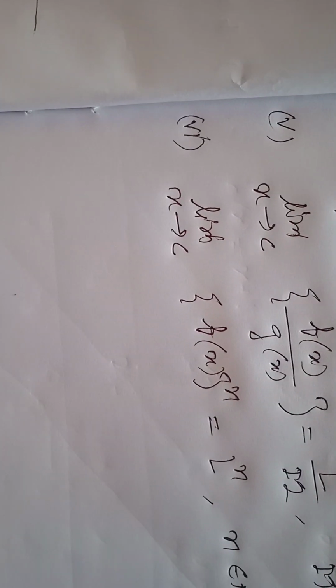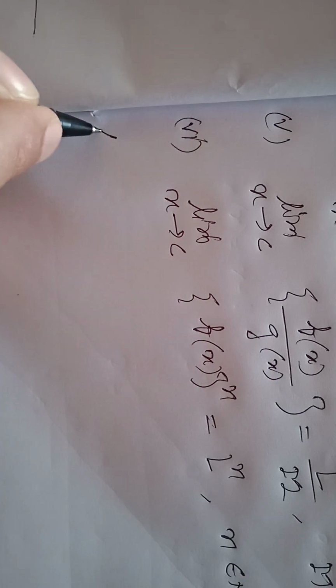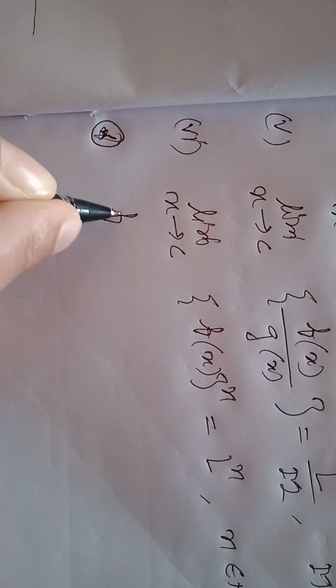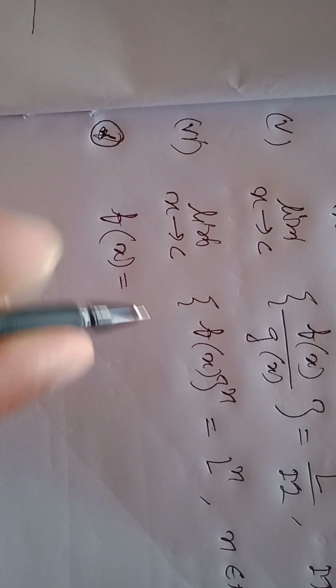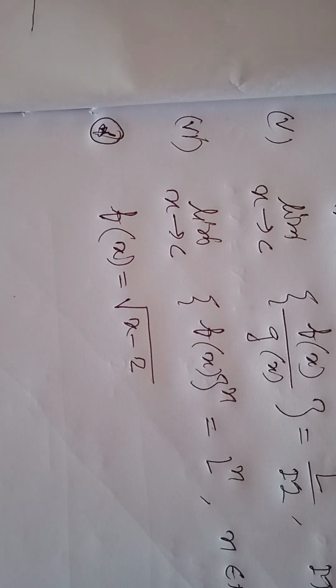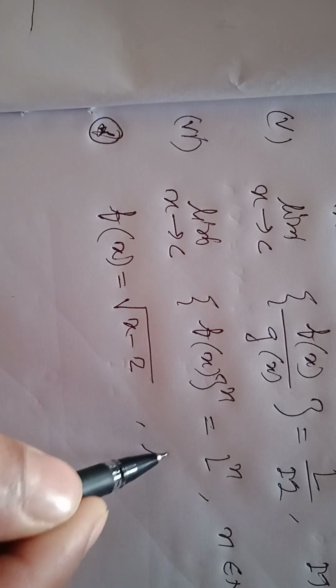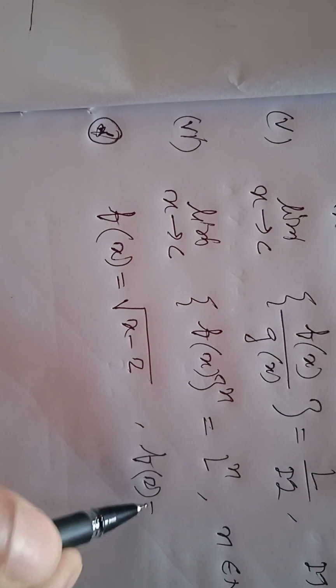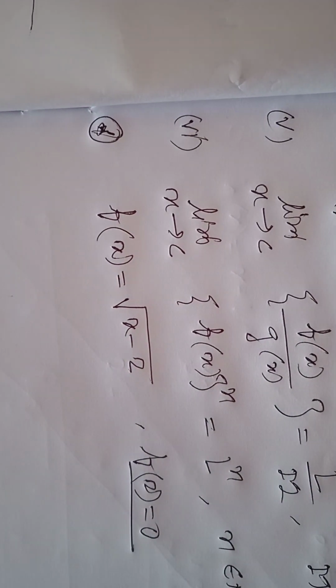See another example. Consider f(x) equals root of x minus 2. See here, the function is defined at x equals 2 and f(2) equals 0. But the function is not defined for any value less than 2.